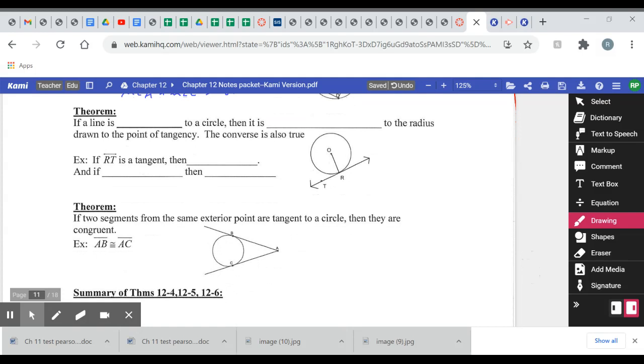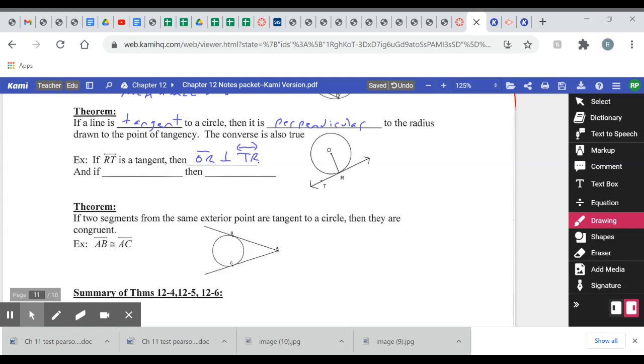All right. So next, it says if a line is tangent to a circle, then it is perpendicular to the radius drawn to the point of tangency. The converse of that statement is also true. The example we have here is if line RT is a tangent, then segment OR must be perpendicular to line TR.